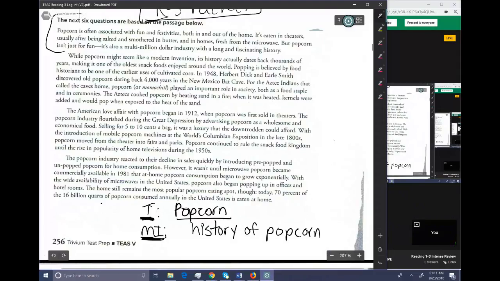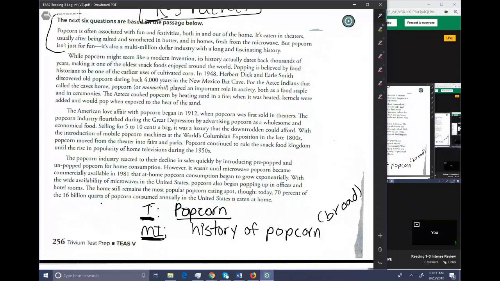So here's your broad. You and I are more likely to have agreed on this first part than maybe we would be if it was really specific. But again, there's no perfect answer to this, because the bottom line is you need to understand what you think is in front of you. So if you did write history of popcorn, you thought of this the same way that I did.